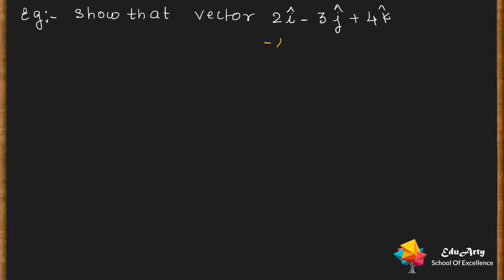Let us say show that vector 2i cap minus 3j cap plus 4k cap, and there is another vector they have given which is minus 4i cap plus 6j cap minus 8k cap.